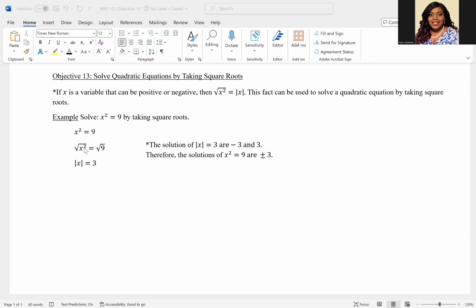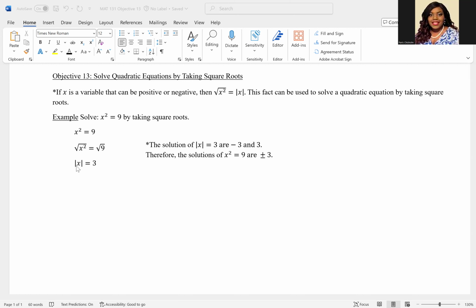So what taking the square root of x squared is going to do is give us the absolute value of x, okay? So before this point, if we were asked what the square root of 9 was, we would probably just say 3, okay?